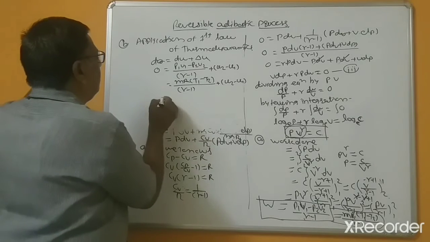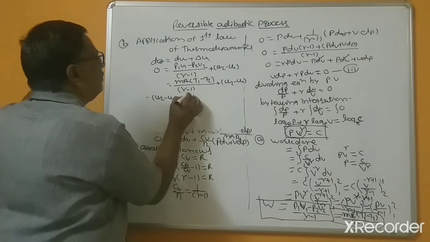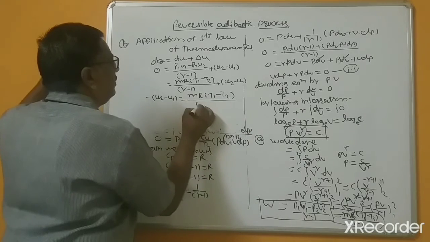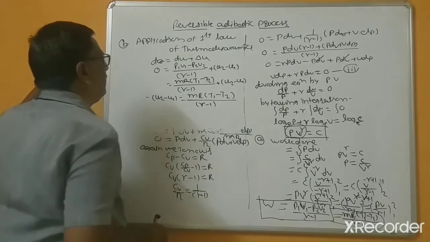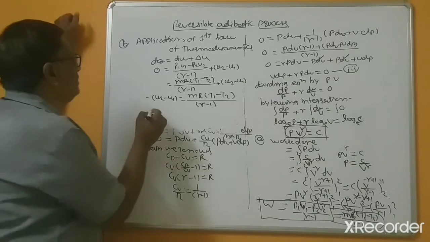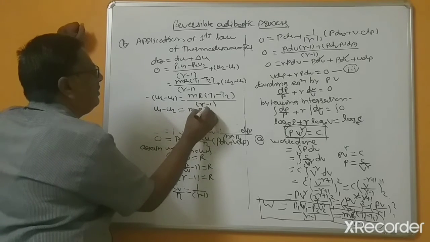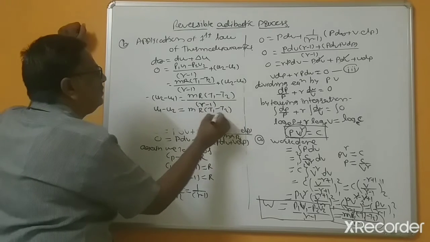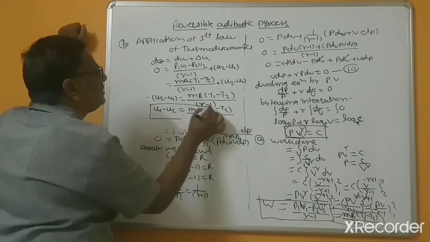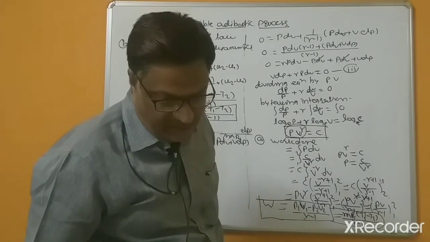Now change, take minus (U2 minus U1) equal to mR (T1 minus T2) divided by gamma minus 1. Now change by multiplying the negative sign, so this becomes U1 minus U2 equal to mR (T1 minus T2) divided by gamma minus 1. And this is the application of the first law of thermodynamics for a reversible adiabatic process.